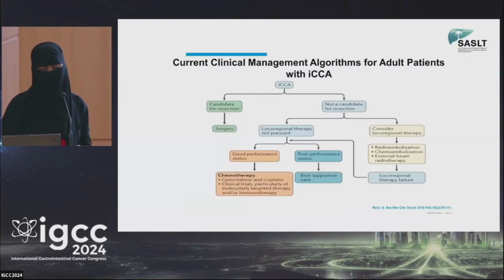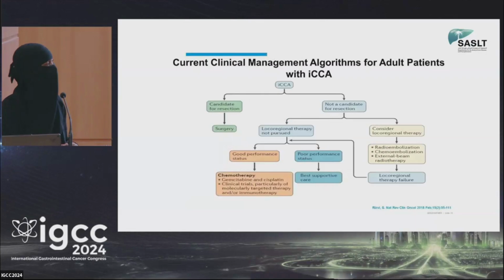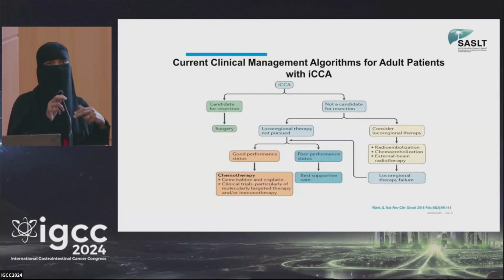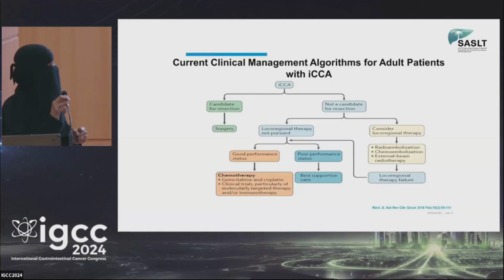So in patients with intrahepatic cholangiocarcinoma, if the patient is resectable, he has to go for surgery, for resection. If the patient is non-resectable, we have two ways. If the patient is a candidate for local regional therapy, we would go for it, if the patient's physical status is stable and he can tolerate that.